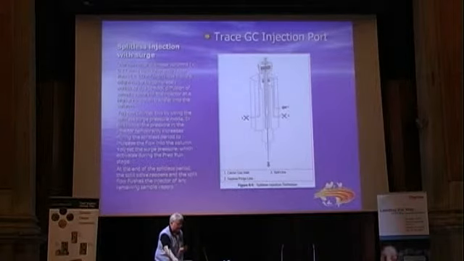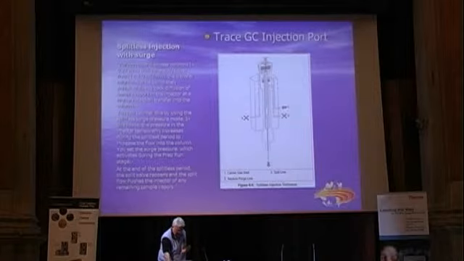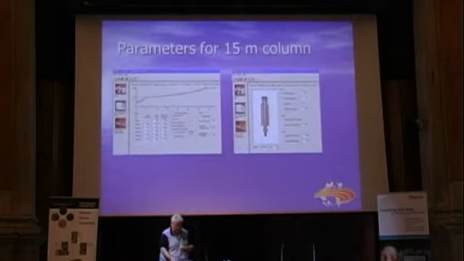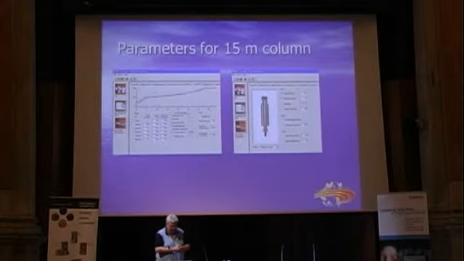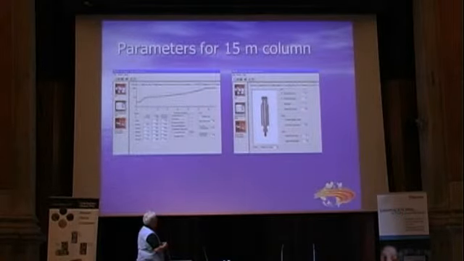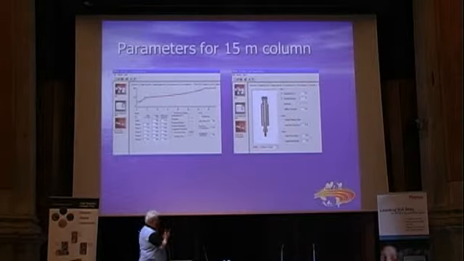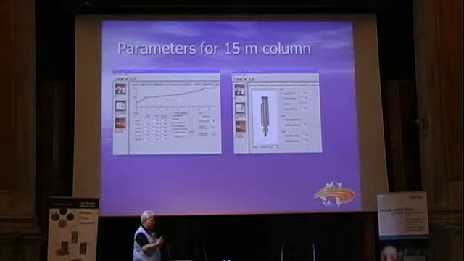Essentially, you just pressurize to 40 or 50 psi for the first couple of minutes, and everything is loaded onto the column. These are parameters for a 15-meter column. Quick initial ramp of 30 degrees a minute, then a slower ramp.